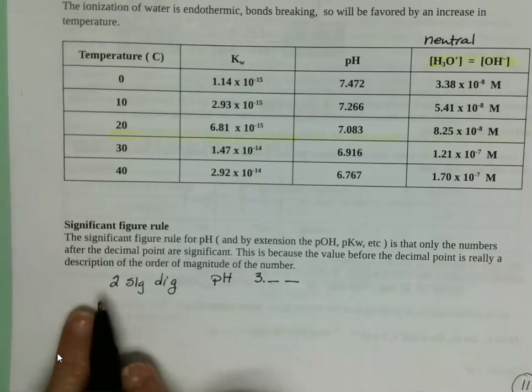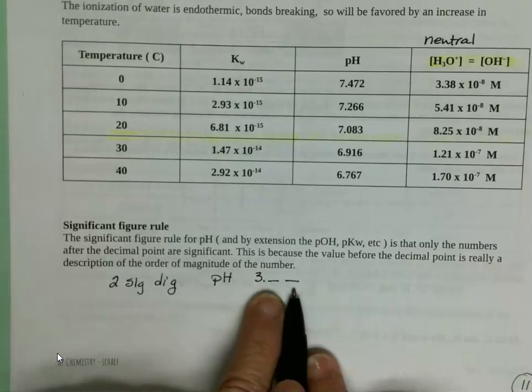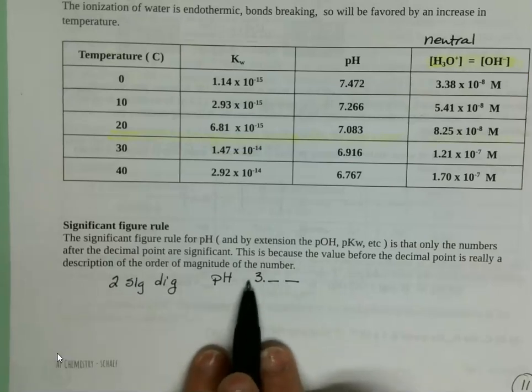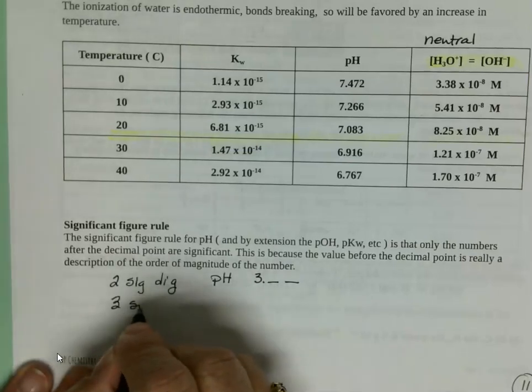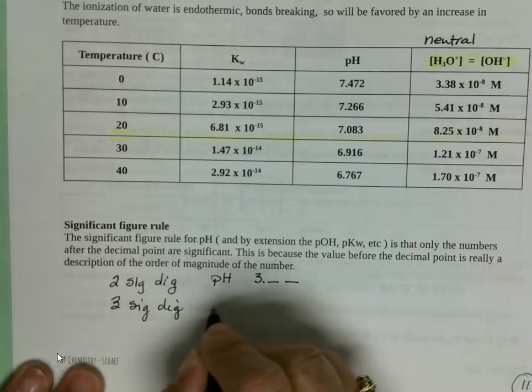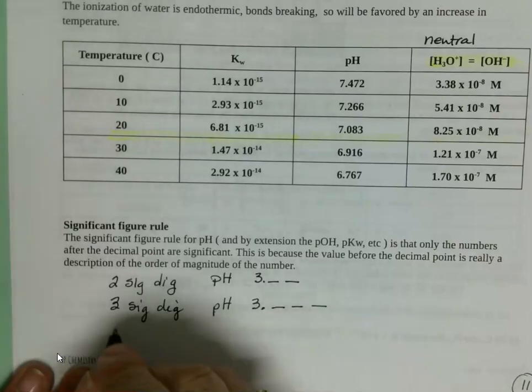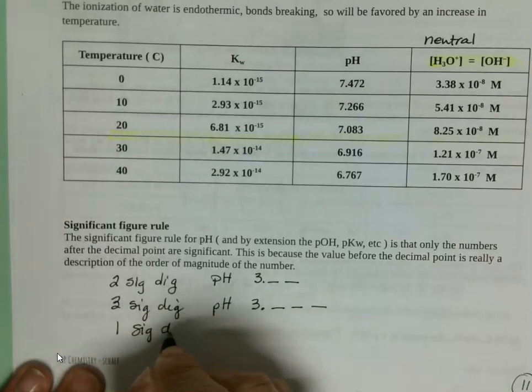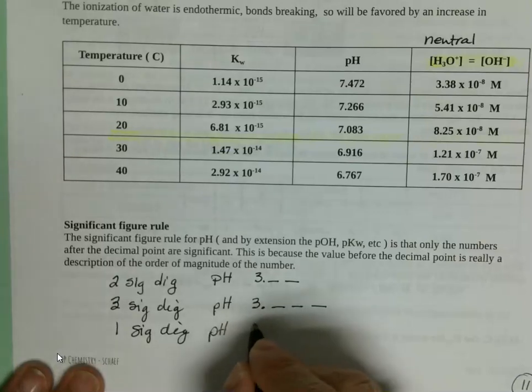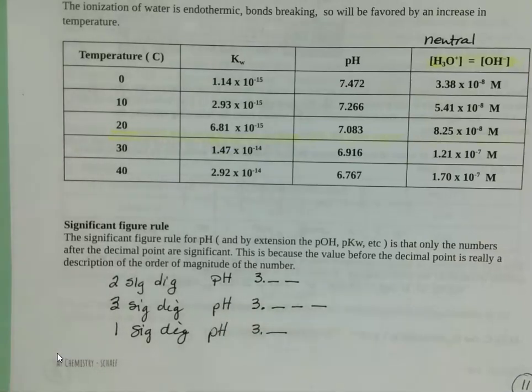So if your number is supposed to have 2 significant digits, it's only these 2 that we're counting, not the 3. If you had 3 sig digs in your problem, then the pH or pOH, either one, would have 3 digits there. I could go back and do 1 sig dig: your pH would be 3 point something. Why they came up with that rule, I'm sure in their mind there's a logical reasoning for it, but for us we just need to memorize that piece of it so that you get your significant digits correct.